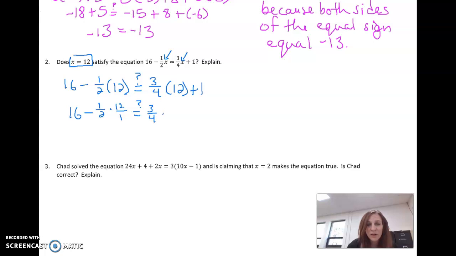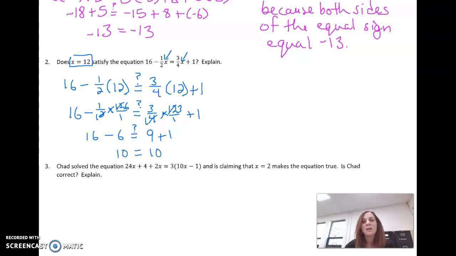Remember, we can take 12 here and write it as 12 over 1, if you want. So basically, if you take half of 12, or you can cross reduce here, you can see we get 6. So this is 16 minus 6. Does that equal, over here, 4 goes into itself 1 time, 4 goes into 12 3 times. 3 times 3 is 9 plus 1. And 16 minus 6 is 10. 9 plus 1 is 10. Do they equal each other?